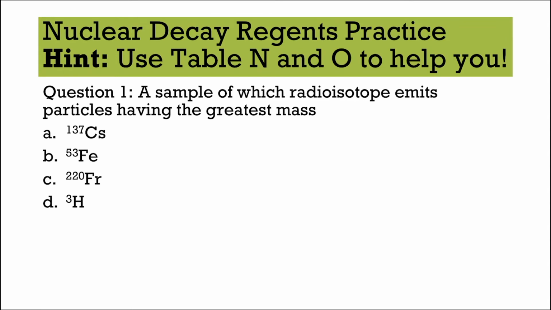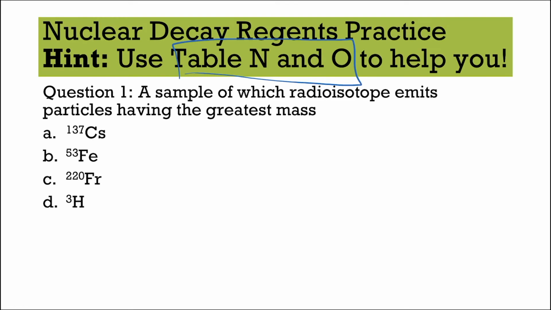A sample of which radioisotope emits particles having the greatest mass? For this one, you have to look at Table N and O to help you. Table N, we're going to spend more time on when we get to half-lives, but it tells you what type of decay these elements go through.